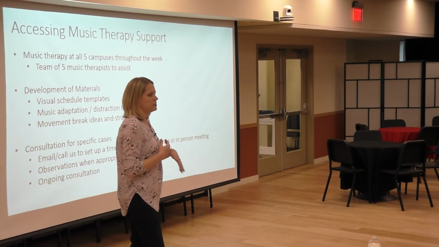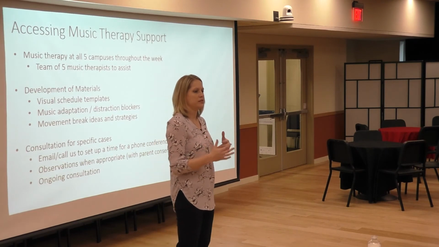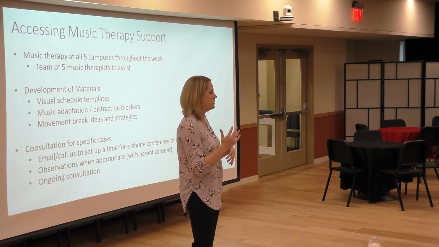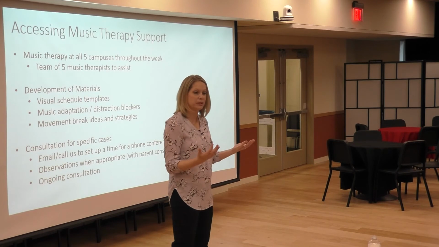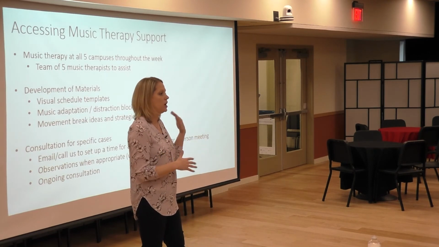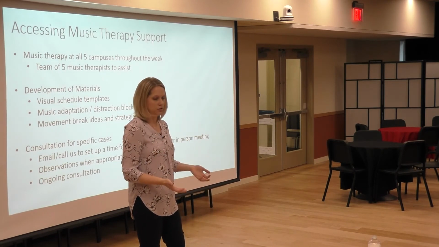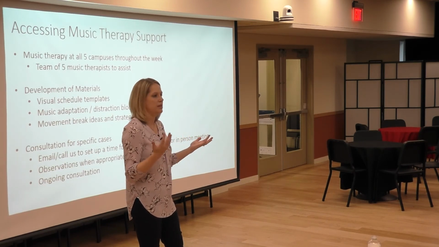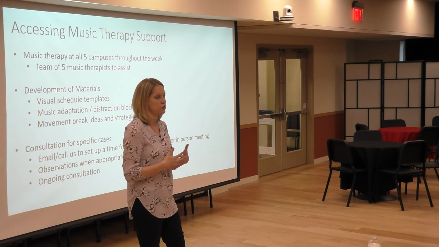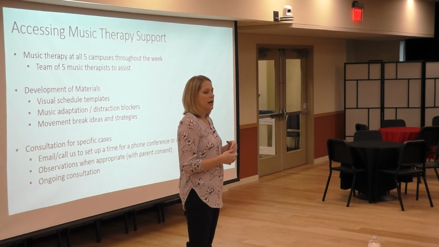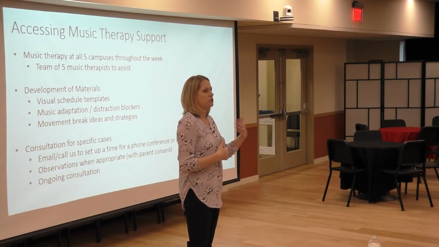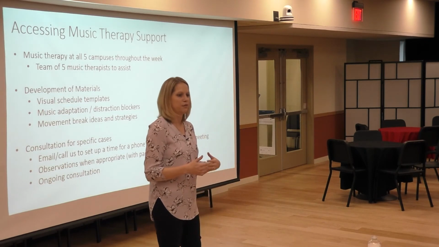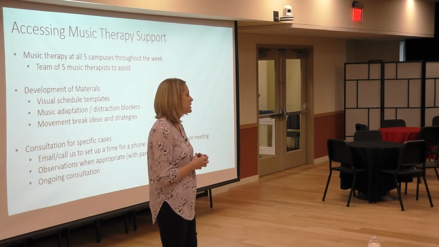Also, when we talked in faculty council, the general consensus was sometimes faculty might go to their chairs for suggestions first, and that's completely fine. If you want to contact us directly, the chairs are also fine with that. So sometimes just a quick email to set up a 10-minute phone call might be helpful to brainstorm ideas for a student. Sometimes we could also do an observation of the student if the parents consent to it, of course.